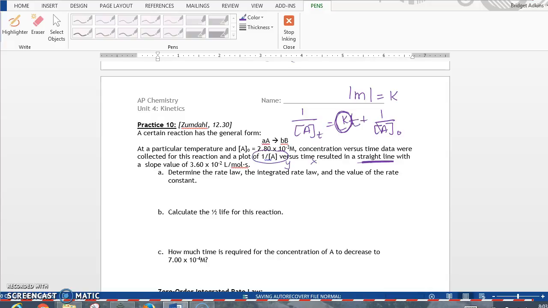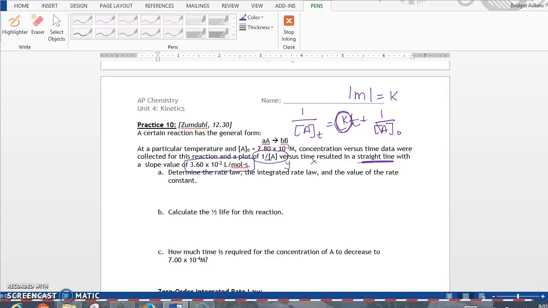So you cover your bases if you just say take the absolute value of the slope, and that's going to be equal to K. Well, they've literally told you what it is. Now they also gave you units, which is kind of nice, because even from the units we could have figured out that this was second order kinetics.